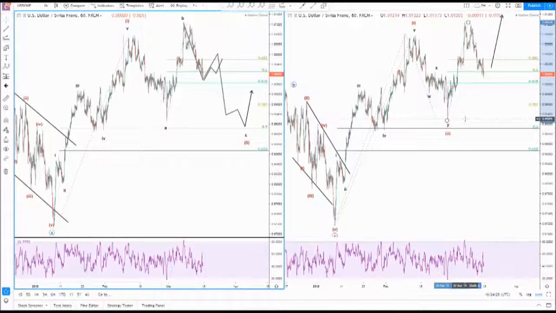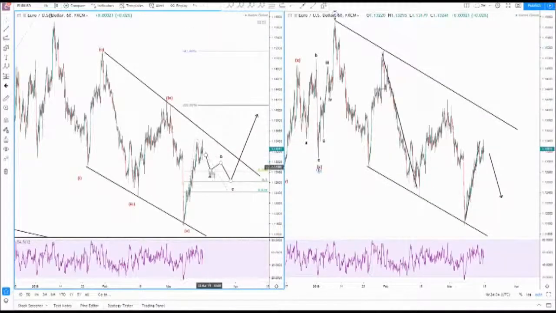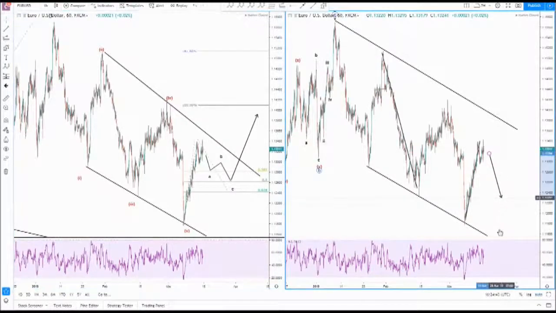So what would happen in euro dollar then in that situation? The euro dollar could just get this small correction. Let's say the dollar Swiss does head higher and we start making some pips. We have to watch the euro, depending on what the euro does. If the euro goes down like this, we're okay to stick with the dollar Swiss.